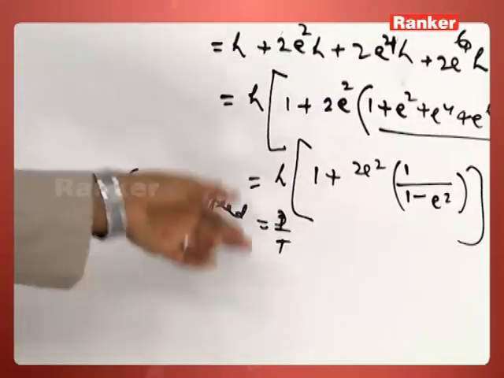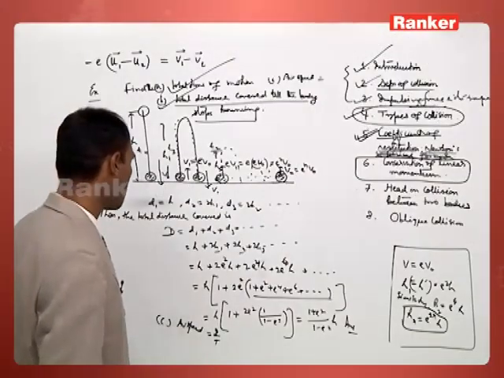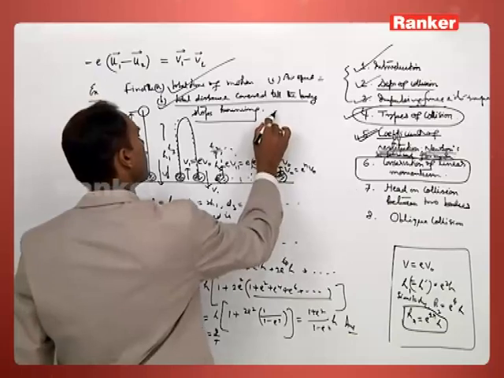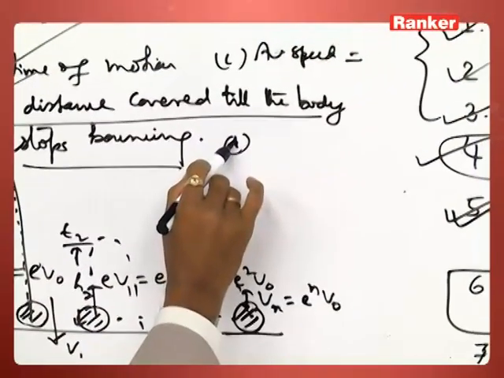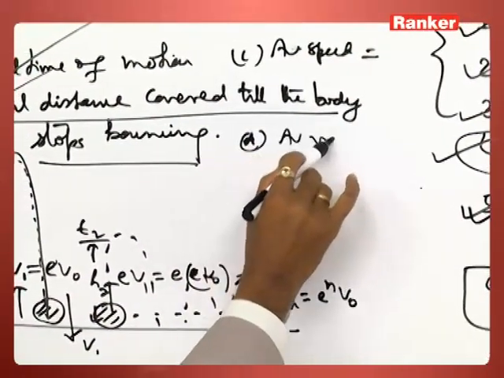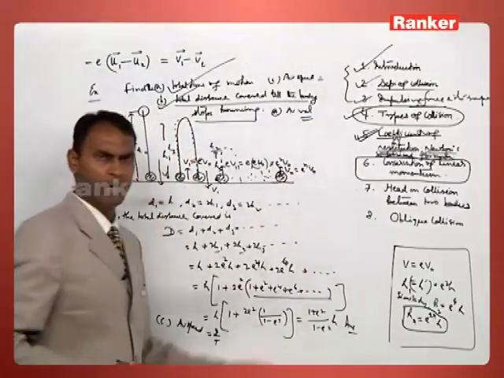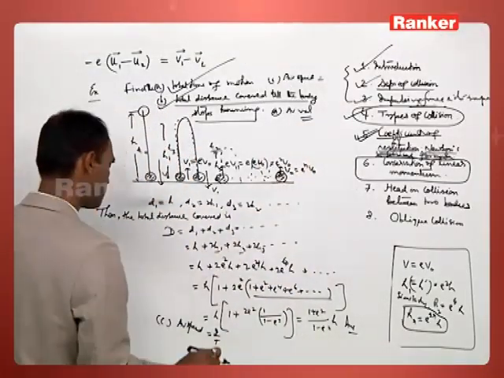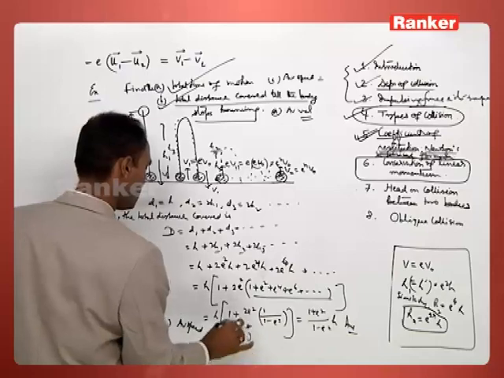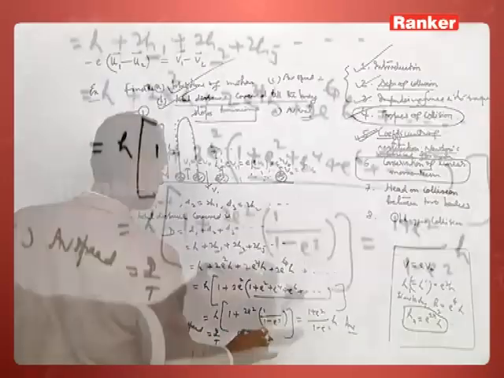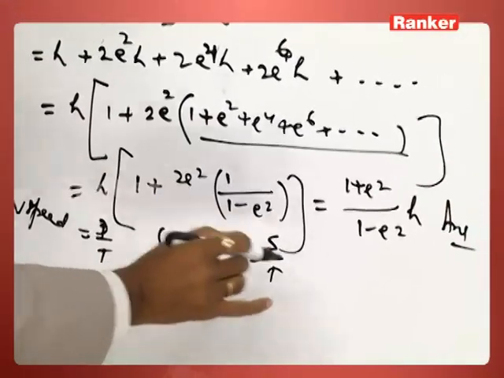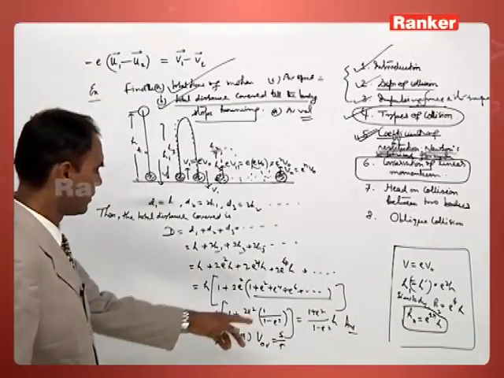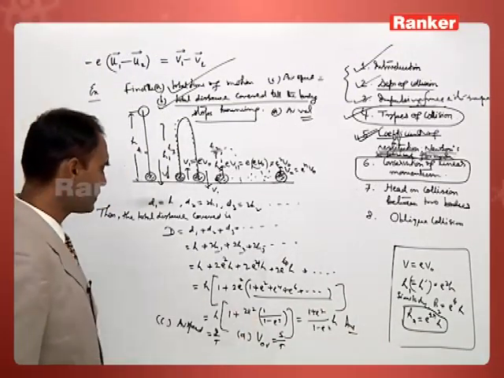And by evaluating this, you can get the average speed. Sometimes they may ask you to calculate the average velocity. In velocity, what is used? You can write its formula. Average velocity is equal to net displacement, or the total displacement upon total time.